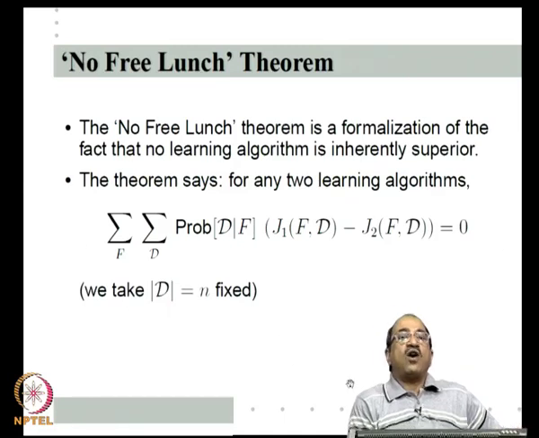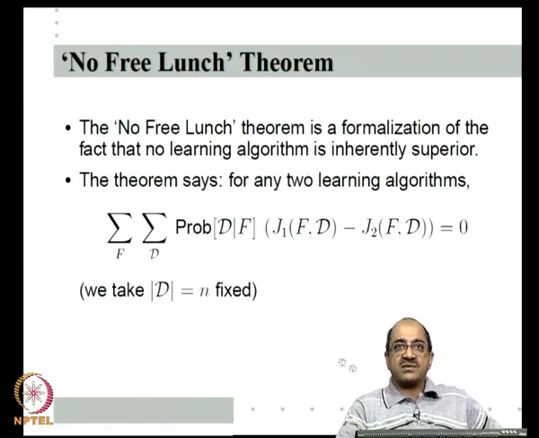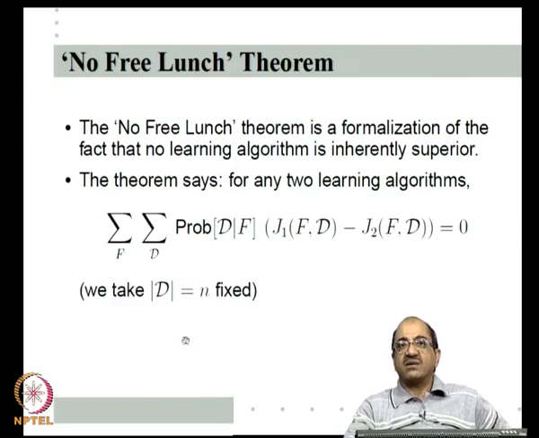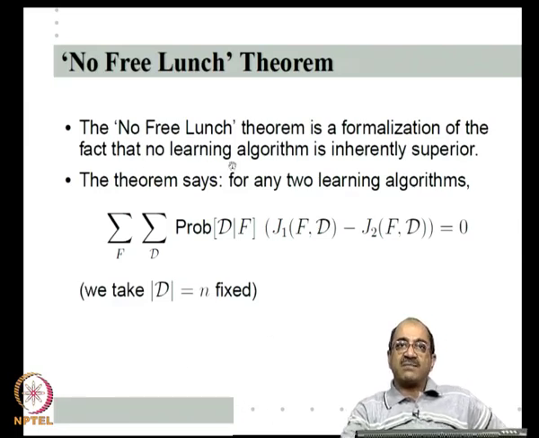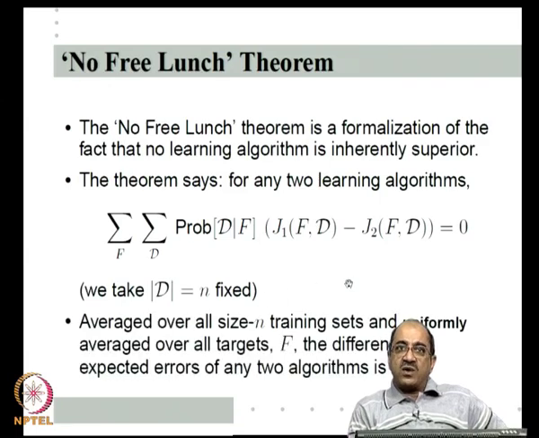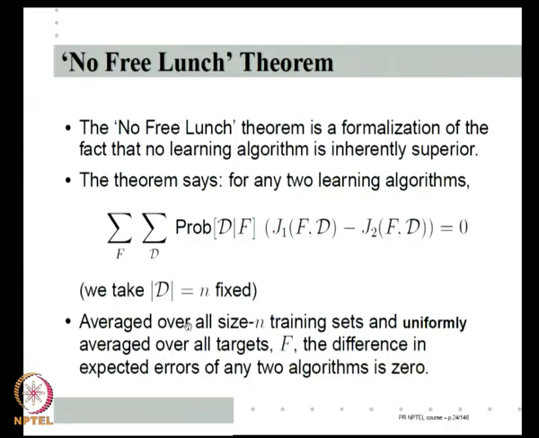If I assume that all possible target functions, all possible pattern recognition problems, are equally likely, then because every problem has the same weight, the weight does not matter. So, summed over all possible f, this is 0. Let us say it in words. As I said, we are always keeping the training set size fixed in all this discussion. So, averaged over all size-n training sets and uniformly averaged over all targets f.